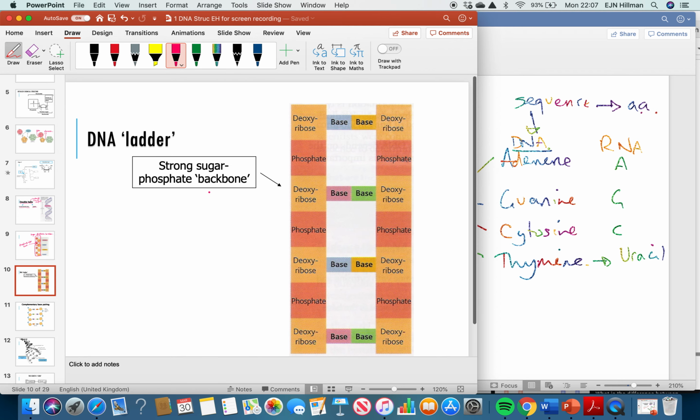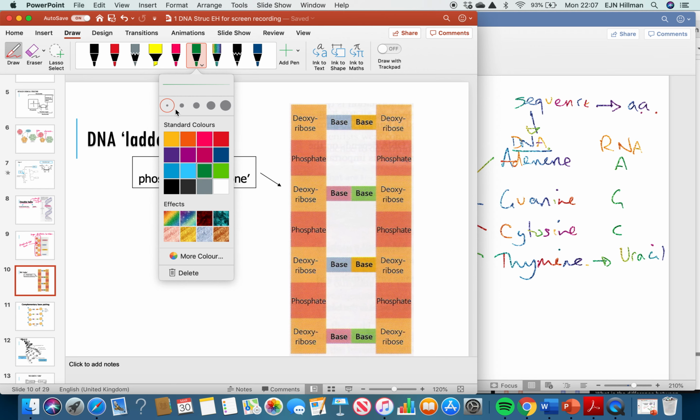Now it's double stranded, so that sugar phosphate backbone is paired up with another sugar phosphate backbone, bases extending out from that, and we can see here what we're beginning to get, which is a different colour, a bit thinner, I think.